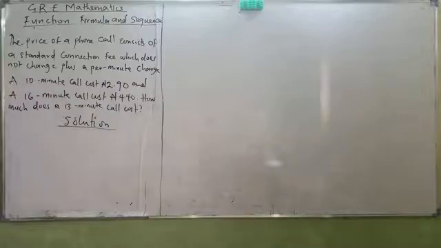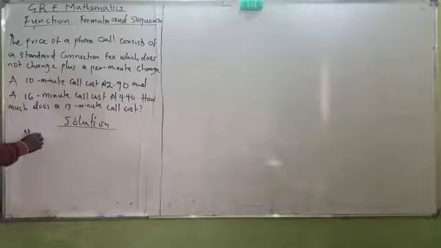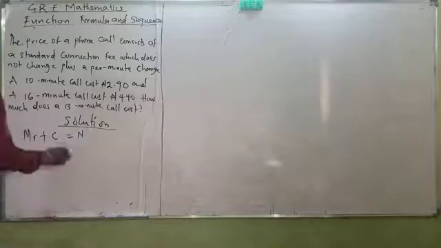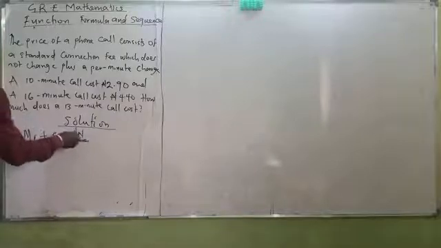The first thing I need to do is generate the formula. If I have, let me use M, R plus C equals N. This is the amount of money it costs.